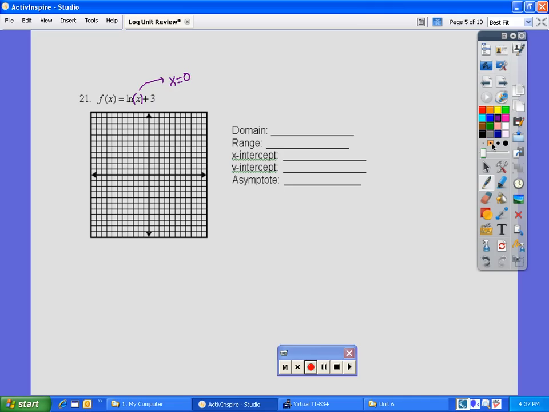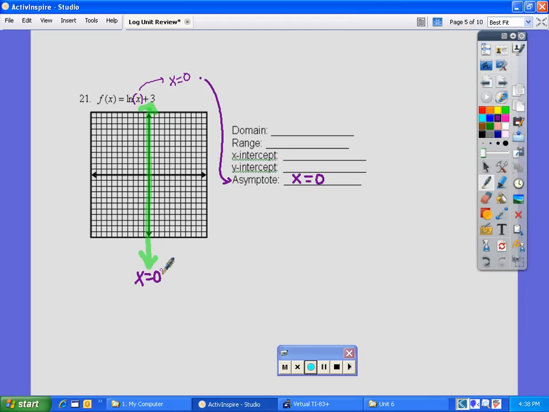So that winds up being your asymptote. Remember I told you, try to get that done first, and try to label it.